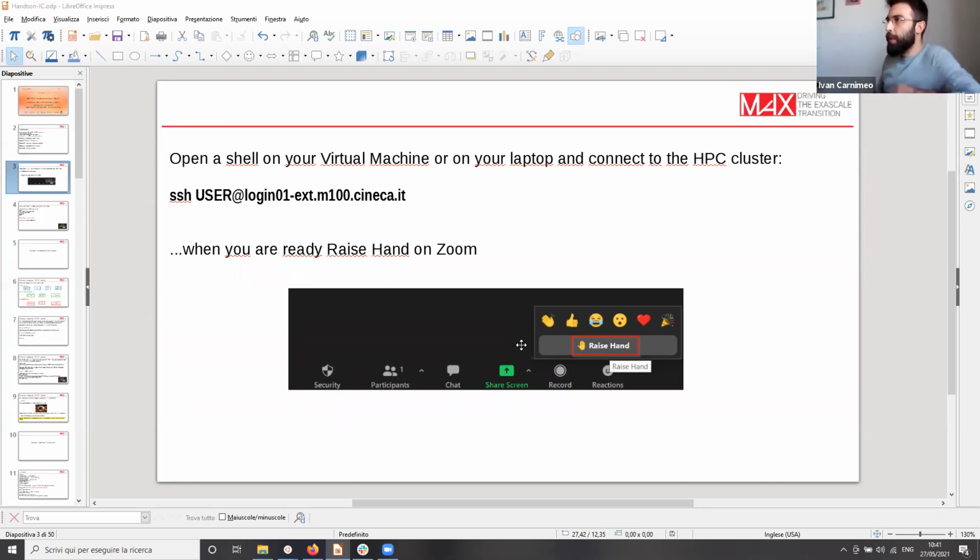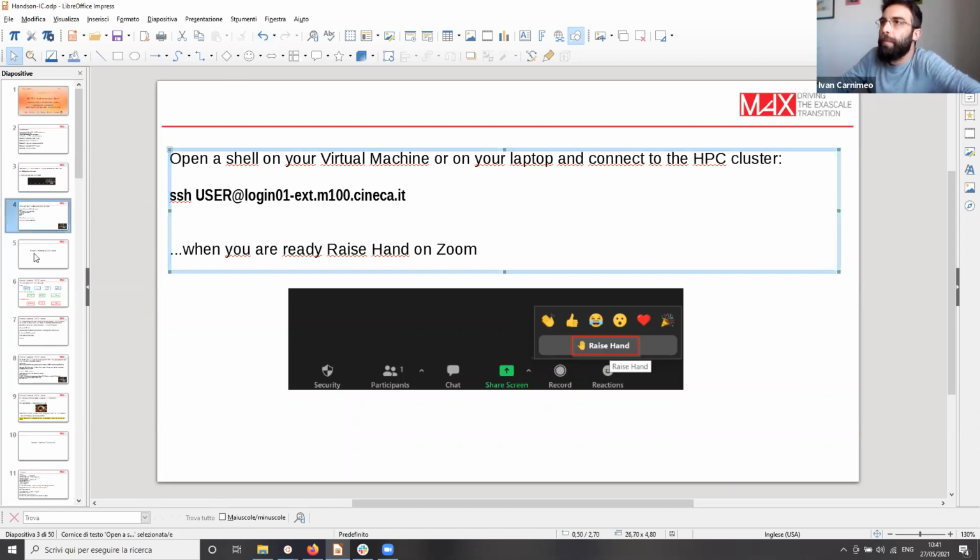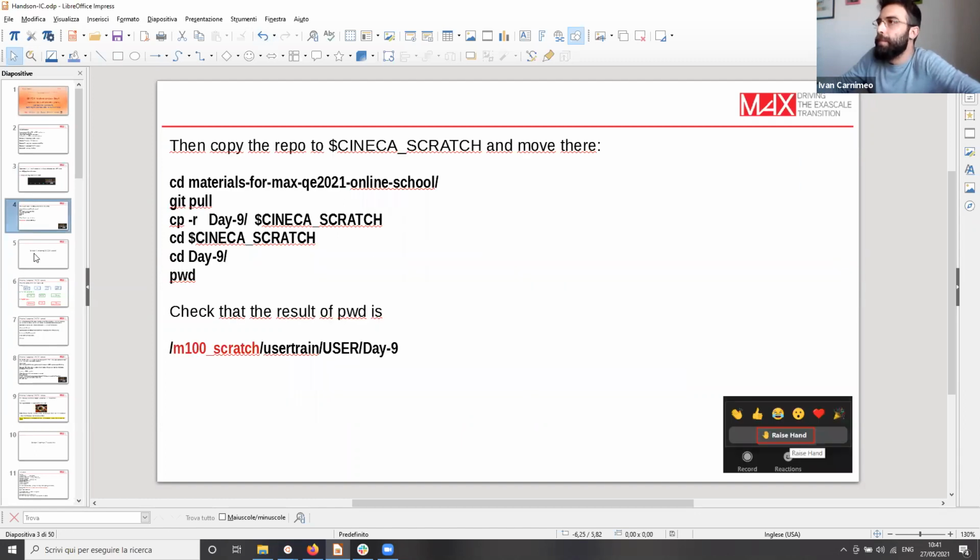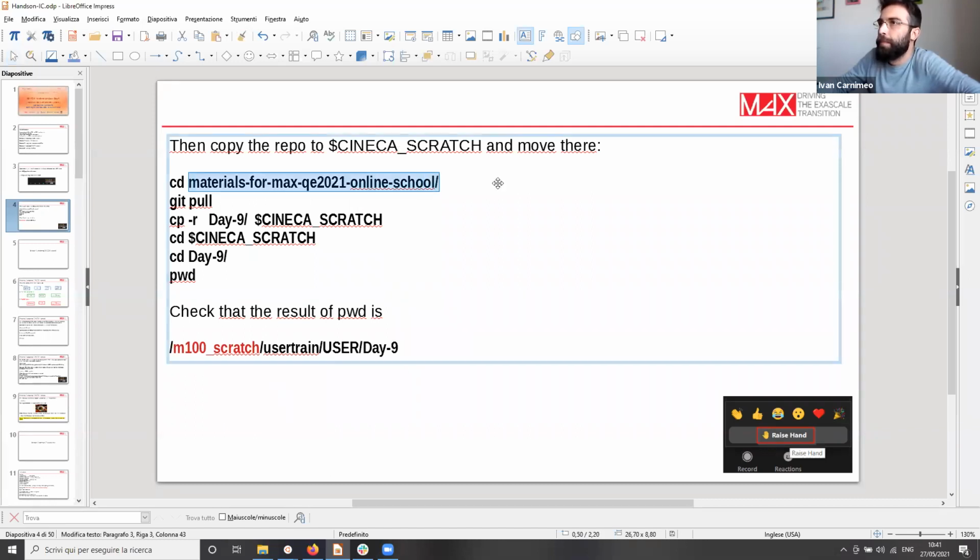In order to follow the hands-on, I suggest you refer to the README files in the repository. Once you are connected to this cluster, you will find this directory in your home. When you are in your home, you can do cd.